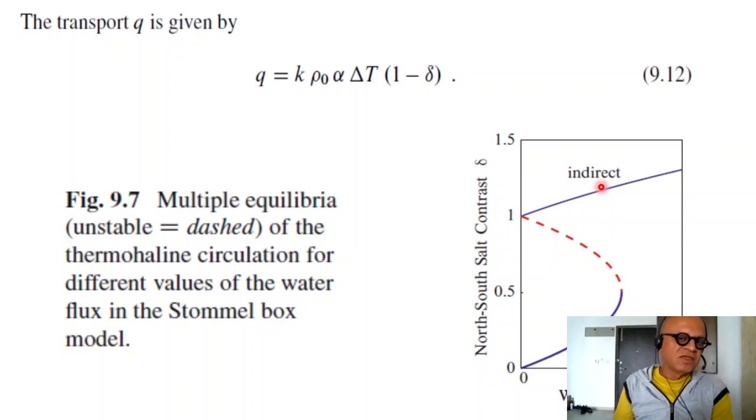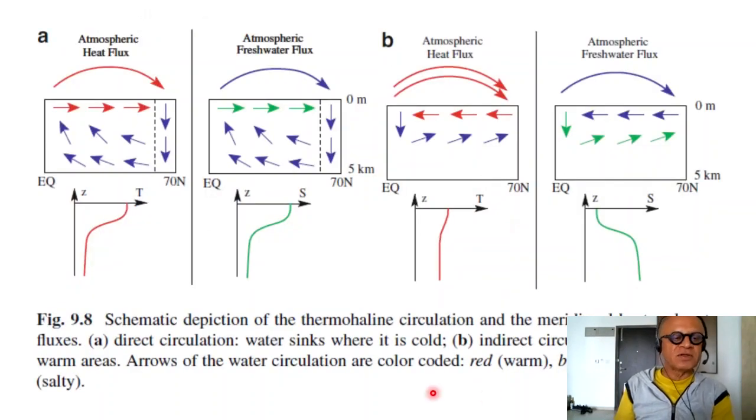Okay, so think of it either way. So this is like a bifurcation point where you can go in this direction or in this direction. Okay, so this is stable for this range, whereas this is unstable because it doesn't last here. It'll just go there or come back to here, depending on the salt contrast and the processes of water transport.